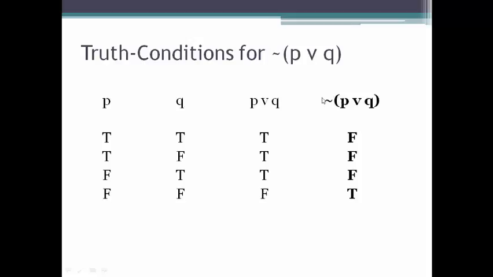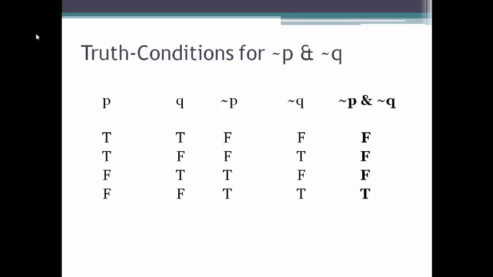But then if we're saying not that, we negate this, and the opposite truth conditions hold. This will be false in all circumstances where this is true, which of course is in all instances except the last. So the truth conditions for this look like this. These turn out to be exactly the same truth conditions for not P and not Q.